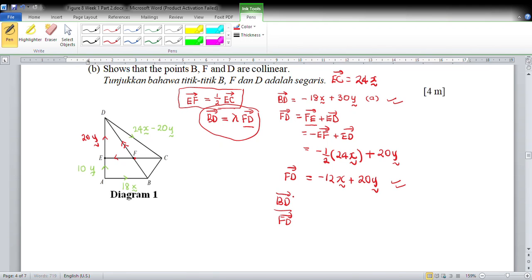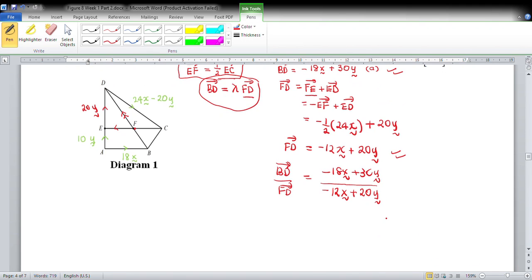Can I get a constant? My BD is negative 18x plus 30y, and my FD is negative 12x plus 20y.